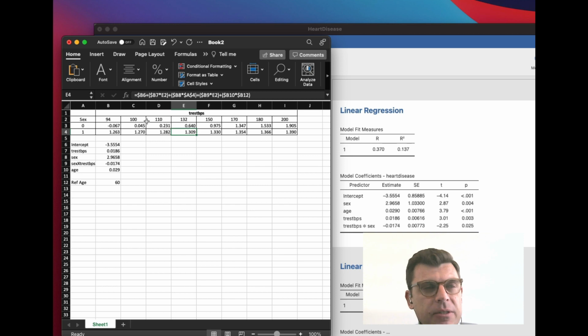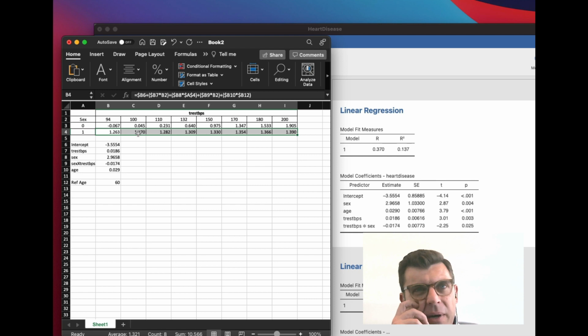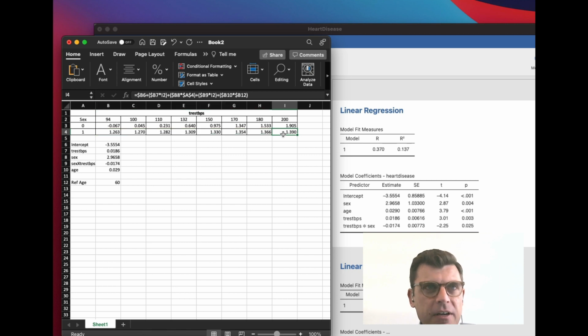The implication of this particular model, predicting heart disease severity, is that systematically, men are more likely to have the occurrence of heart disease, but as blood pressure goes up, blood pressure has less of a profound effect on the severity of heart disease for men relative to women. That's what this coefficient of negative 0.0174 is telling us.